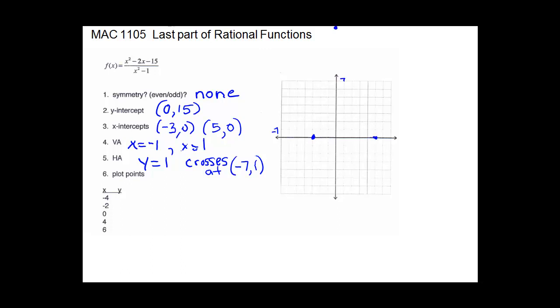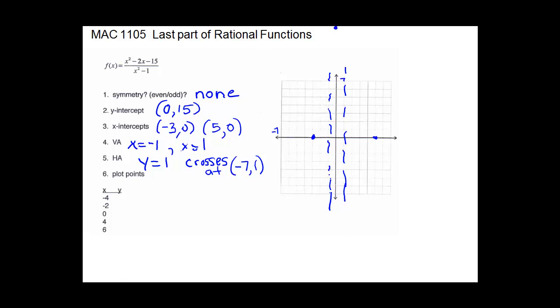Right, our vertical asymptotes, x equals -1. So we'll do a dotted line through -1. And x equals 1. And our horizontal asymptote y equals 1.